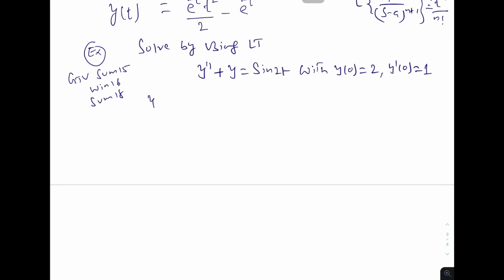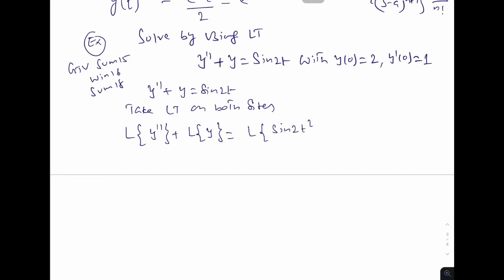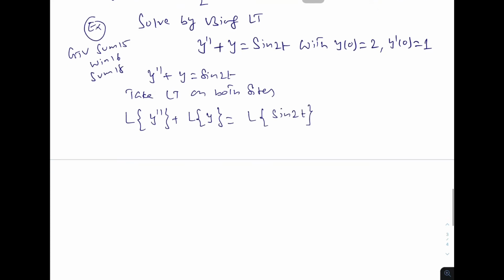So here we have y second derivative plus y equal to sin 2t. Take Laplace transform on both sides. Then we have the Laplace transformation of y second derivative plus the Laplace transformation of y equal to the Laplace transformation of sin 2t.